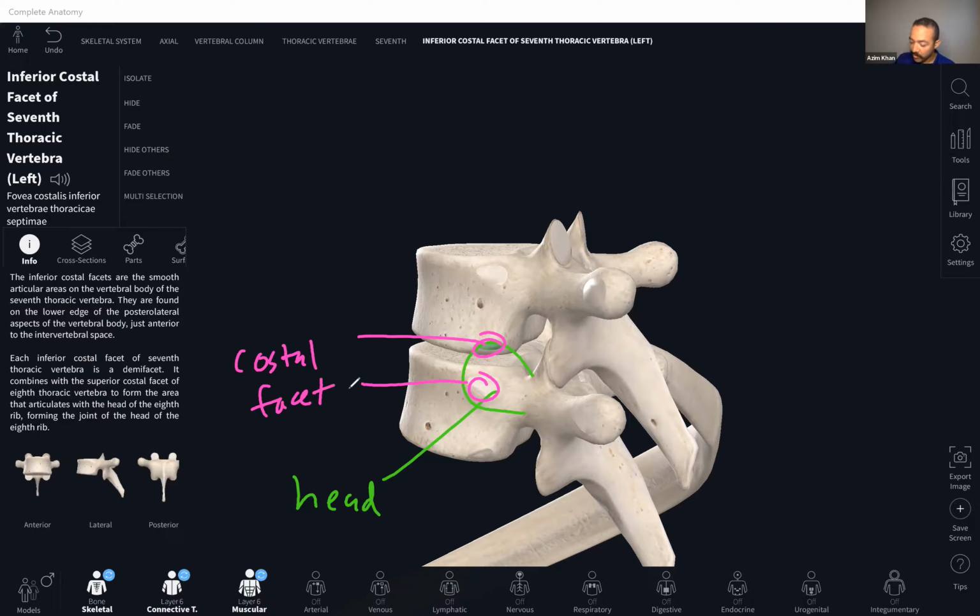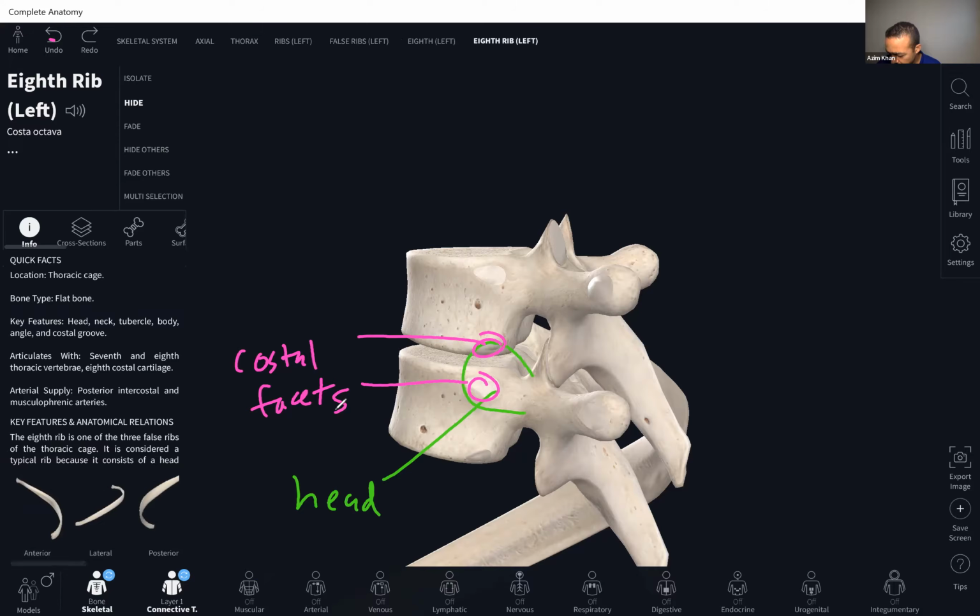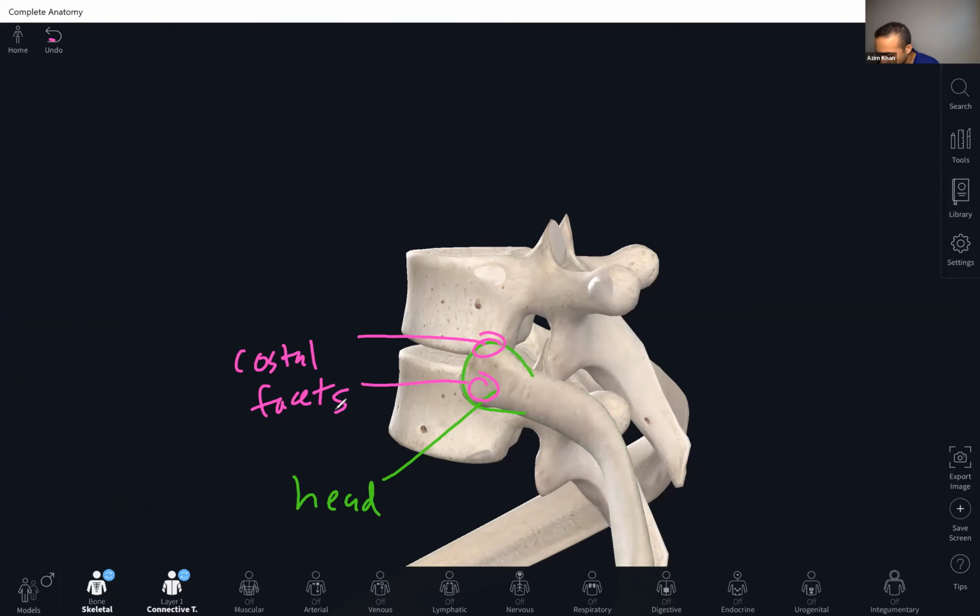Those are costal facets on the body. And then let me add the rib back in. The tubercle of the rib is poking out this way. The tubercle of the rib also articulates with a costal facet, but it's on the transverse process.